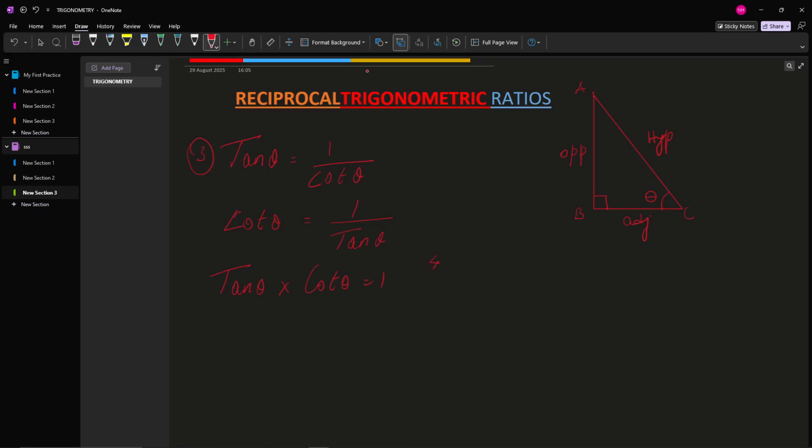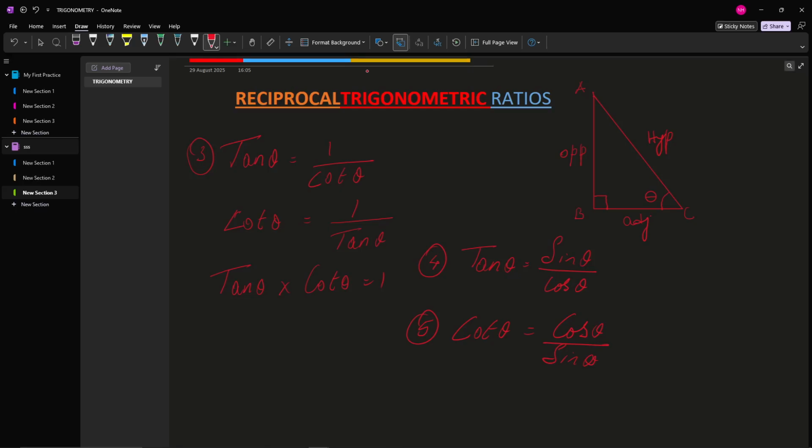Then the rest of the two are the most important ones, used in many places whenever you do LHS to RHS problems. Tan theta can also be written in terms of sin and cos, that is sin theta divided by cos theta. And the fifth one is cot theta in terms of sin and cos, that is cos theta divided by sin theta.